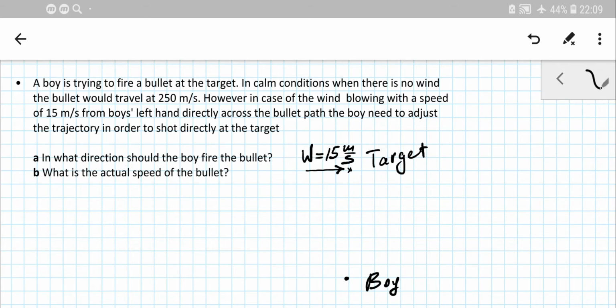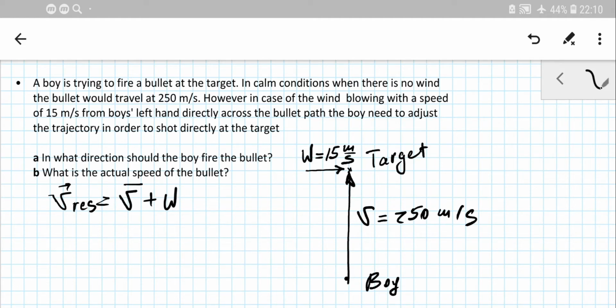If the boy would still fire to the north, according to addition, let's have a little experiment. If this is the vector that the boy fires with, velocity 250 meters per second, we need to find the resultant velocity, which is simple addition, v plus w.